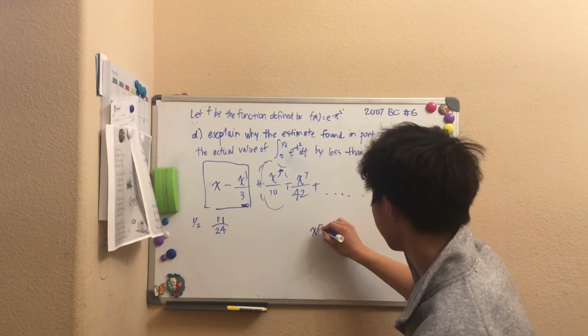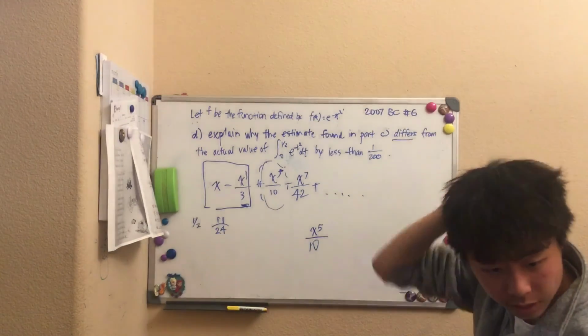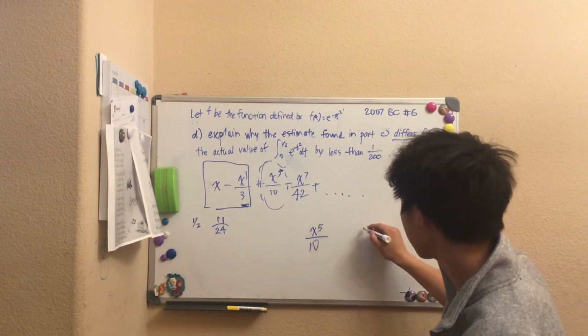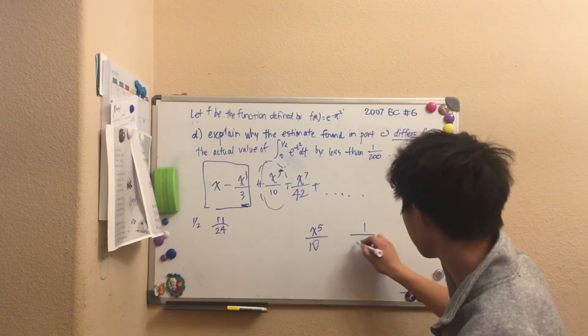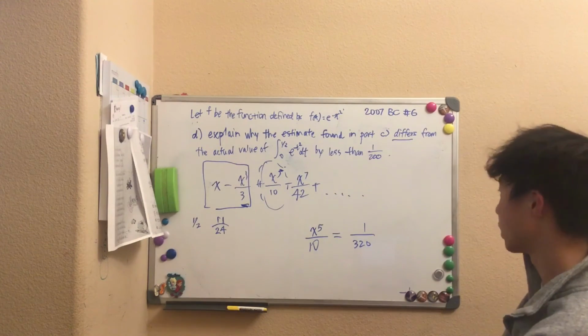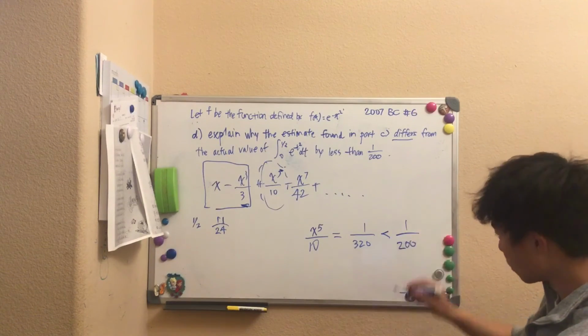We have x^5 over 10. Now what we have to do here is plug in 1/2 for x, and we get 1 over 32 over 10, which is 1 over 320.